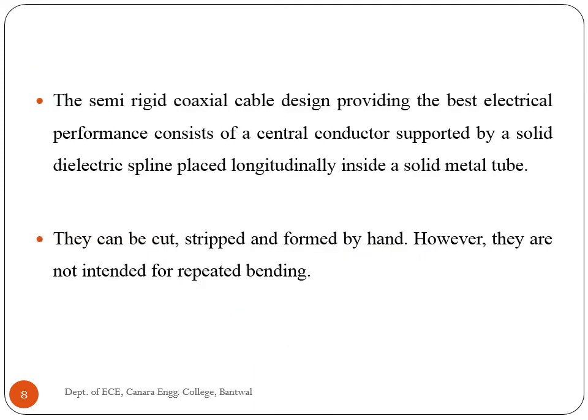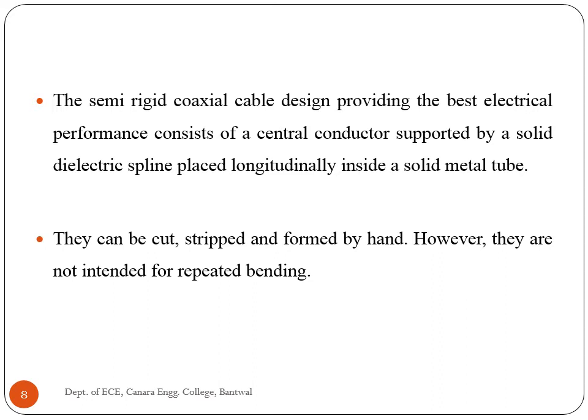The semi-rigid coaxial cable design providing the best electrical performance consists of a central conductor supported by a solid dielectric spline placed longitudinally inside a solid metal tube. These spline cables are fully ventable, and when mated to vented connectors, they can be filled with air, other gases, or operate in a vacuum as in spacecraft.